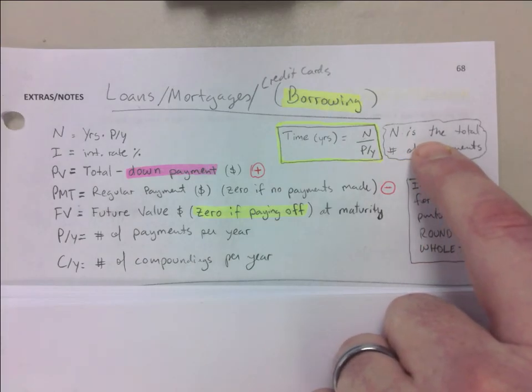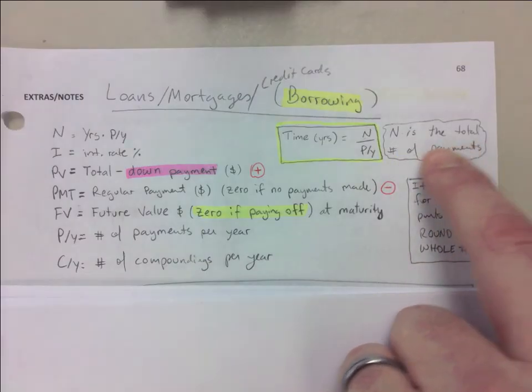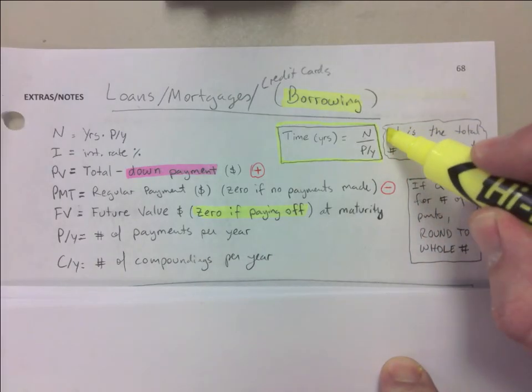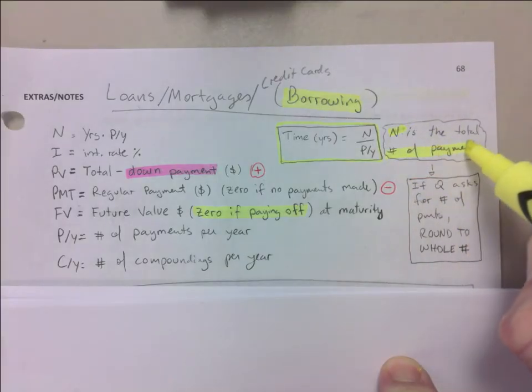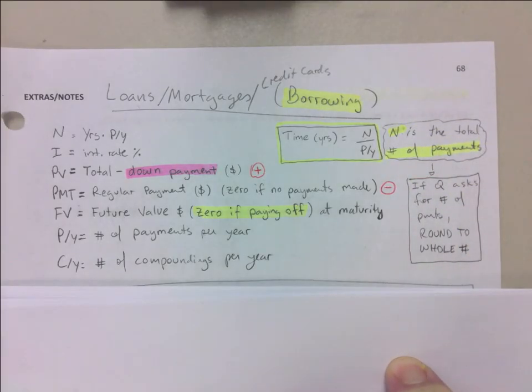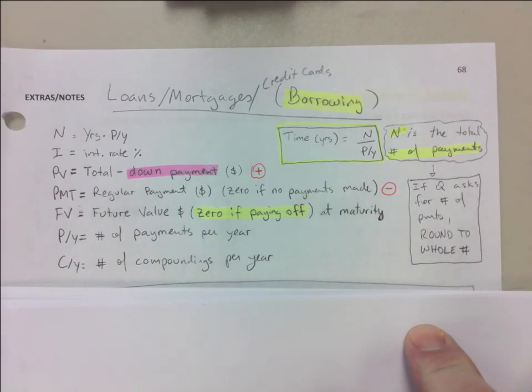N in and of itself represents the total number of payments. Okay, so N represents a total number of payments. So if the question asks you, how many payments will it take to pay this thing off? I can tell you this, the most common question is for credit cards.